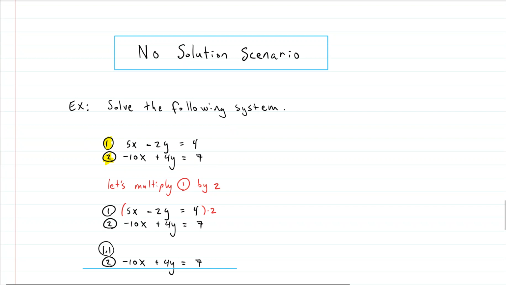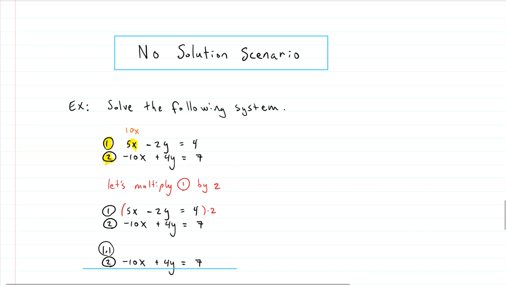So if we look at this, if we multiplied the first equation by 2, we would have 10x here, and when we added the two equations, the 10x and the negative 10x would drop out.